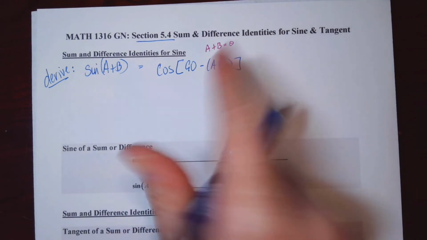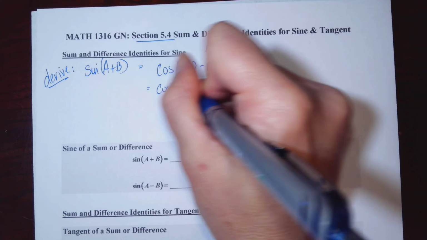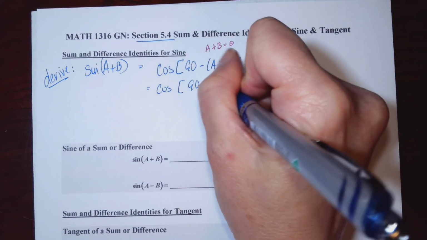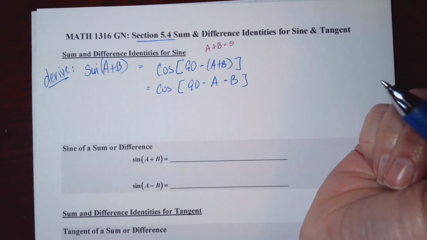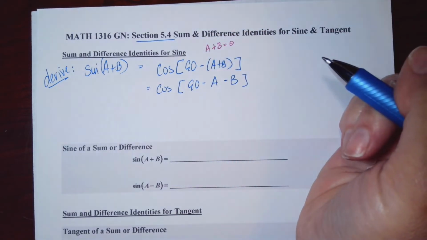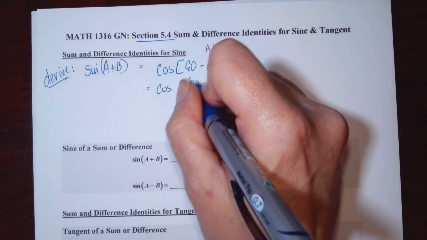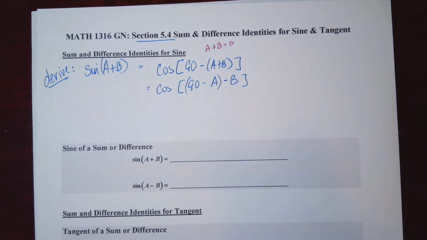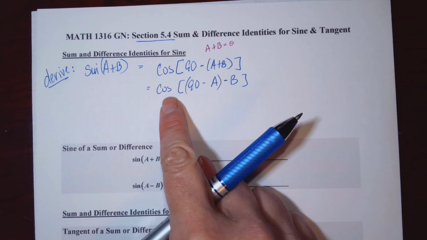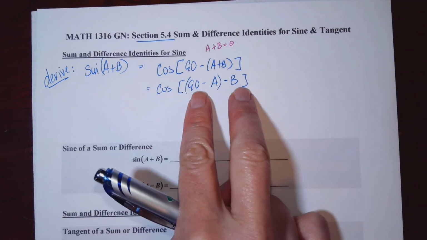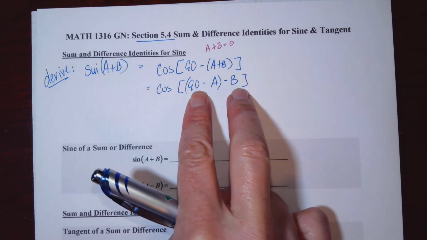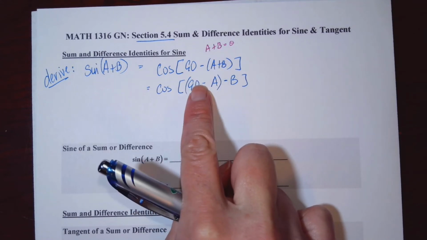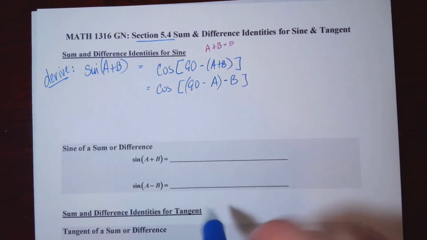Well, if I distribute here, I've got cosine of 90 minus a minus b. Just distribute that negative inside my parentheses, and then I can choose to group these two together so that I've got cosine of the difference of 90 minus a and b. So this is a cosine difference, where this is my first angle and b is my second angle.